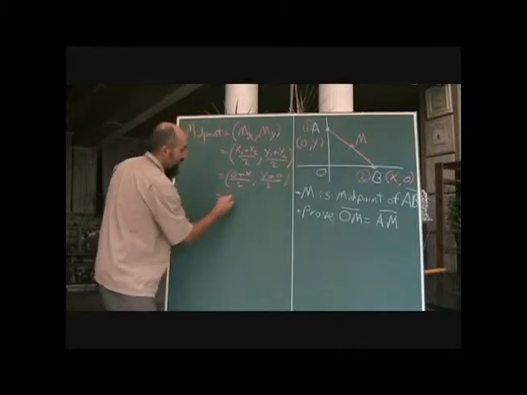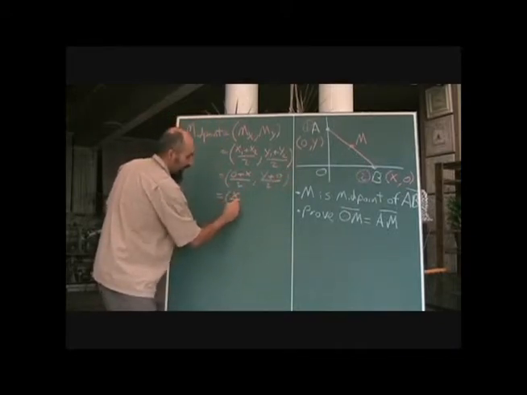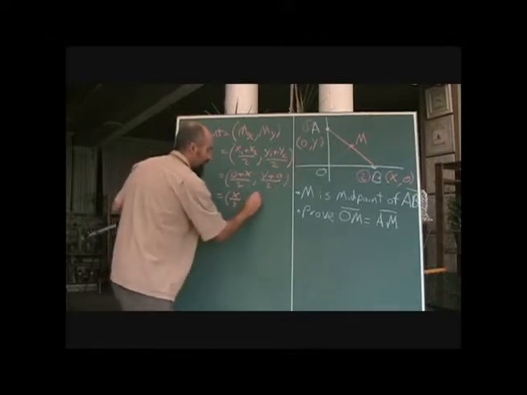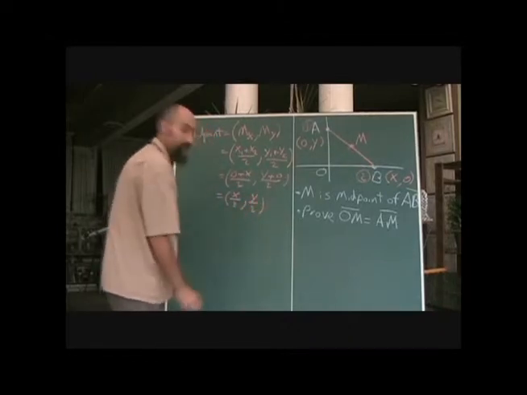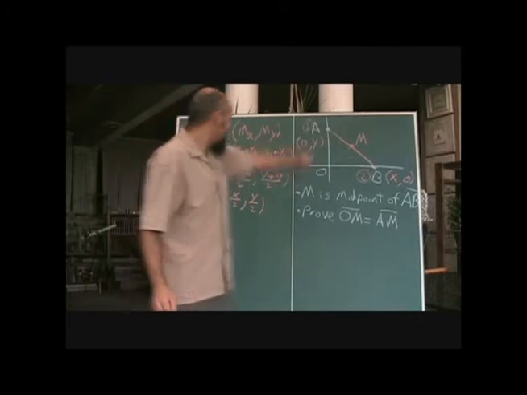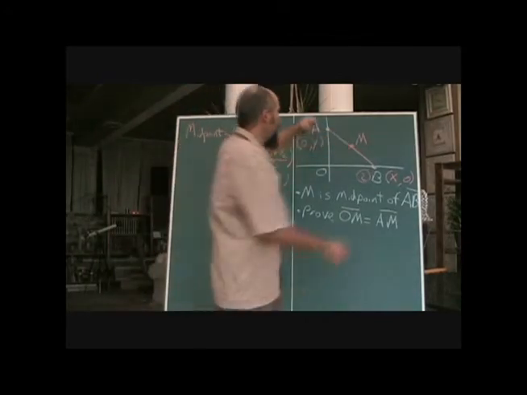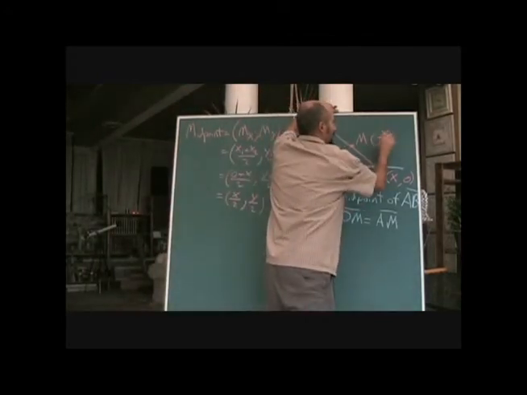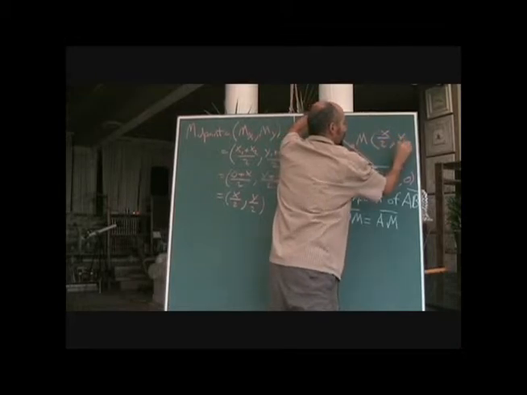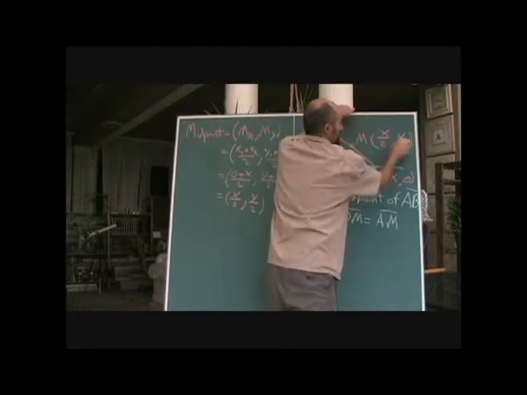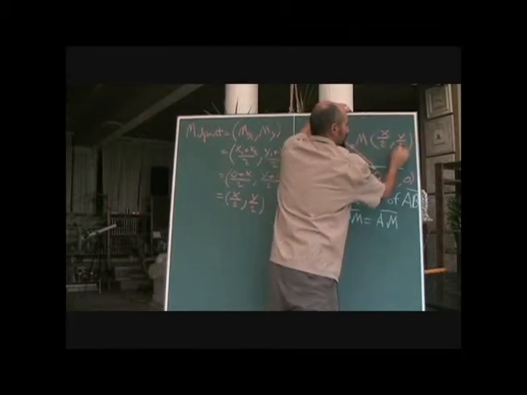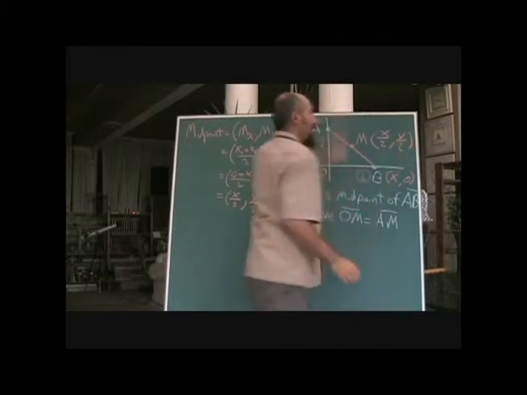So the midpoint becomes x over 2, y over 2. Right? So we can just transfer that information onto the board. x over 2, y over 2. And that's our midpoint.